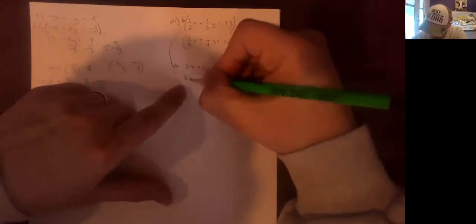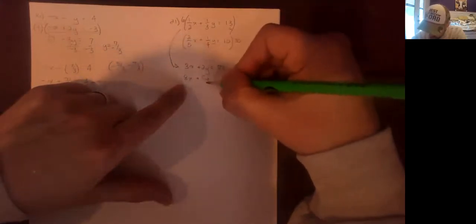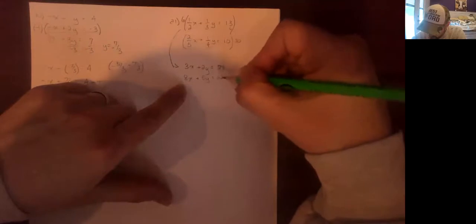Another big number. 5 goes into 25, and 4 times 2 is 8. 4 goes into 24, so 5y, and then 200.